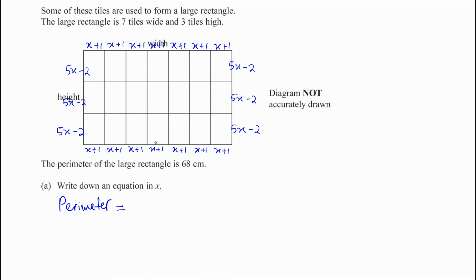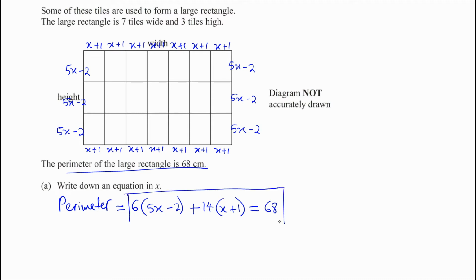So that will be 6 lots of 5x minus 2 plus, these are 7 on each, so 14 lots of x plus 1. And this should give us 68 centimeters, so 68. And this one here is the equation in x.